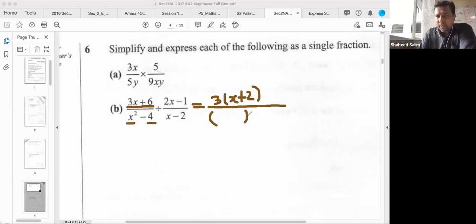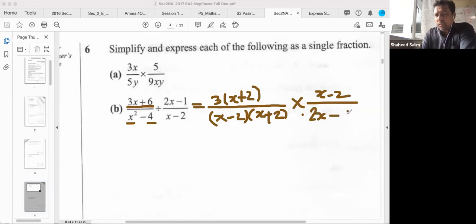So you can do it like that. x minus 2, x plus 2. Then down here, you put a times, right? x minus 2, 2x minus 1. Are you confused by this one or not? Oh, okay.